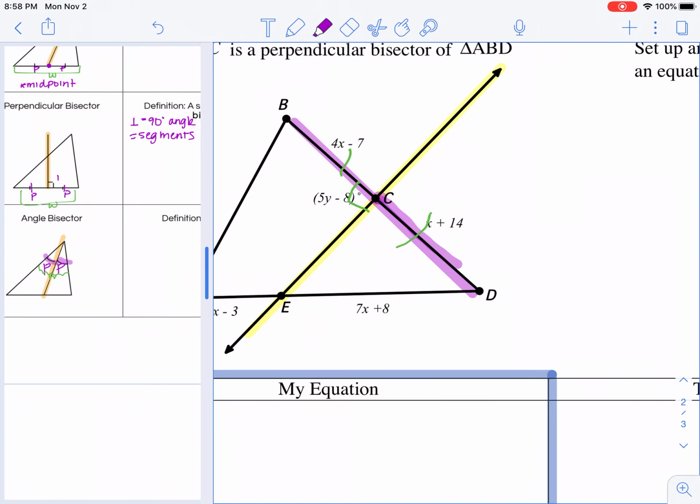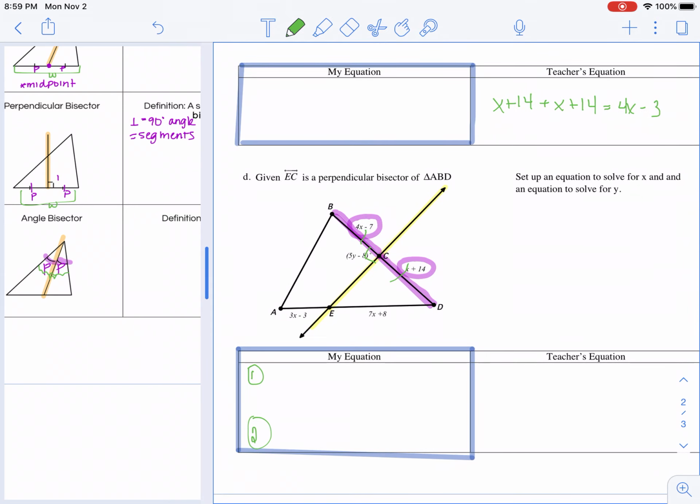The part from C to D is x plus 14. The part from C to B is 4x minus 7. Since we have a quantity for each of those parts, those are going to be our two congruent parts. When things are congruent, we set them equal. So my first equation to find x is 4x minus 7 equals x plus 14.